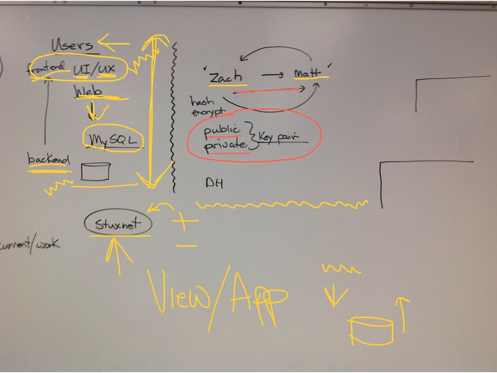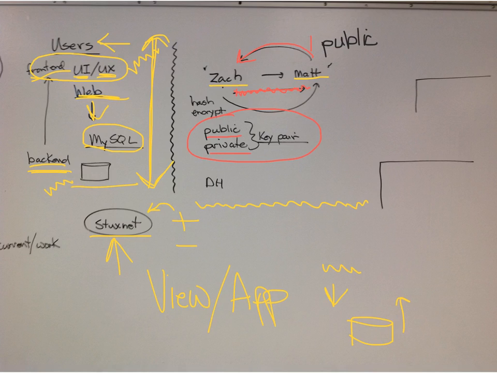So here's our first scenario. We want to encrypt the message. So Matt sends his public key to Zach. Zach uses it to encrypt the message, so he encrypts the message and sends it to Matt.